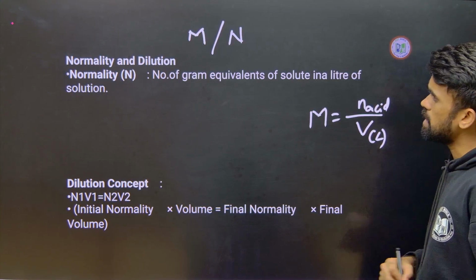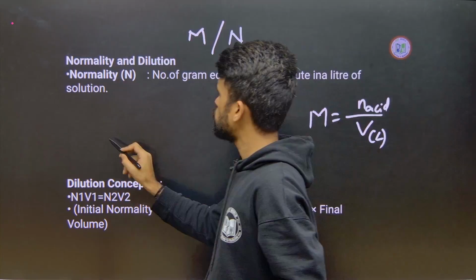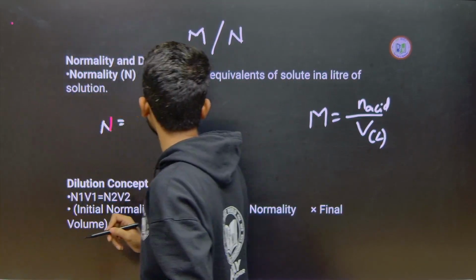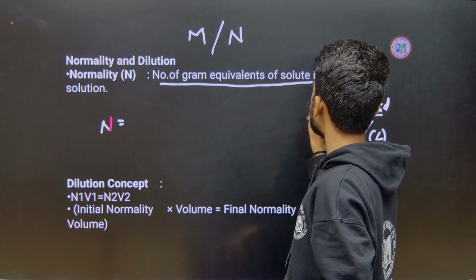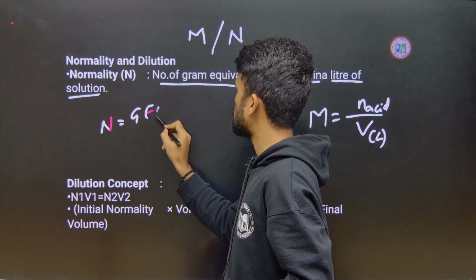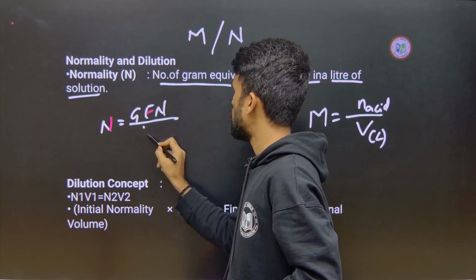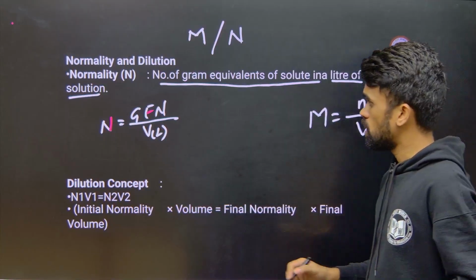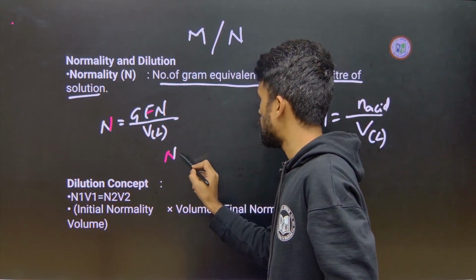Next we have normality. Normality is indicated with capital N. It is the number of gram equivalents of solute in 1 liter of solution. This is the difference between these two. Now how can I link normality and molarity?